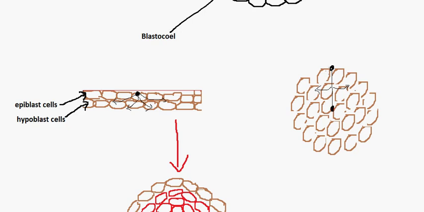This furrow distinguishes two sides of the embryo. This is the upper cranial half of the embryo. Let me write the cranial part. And this part which does not have the primitive streak is called the caudal end or the caudal part.